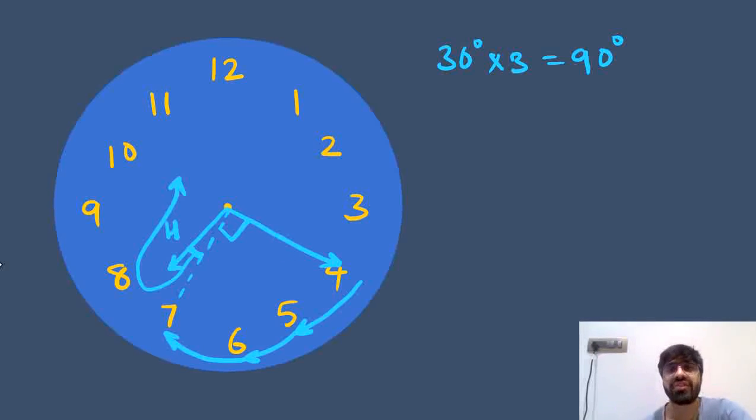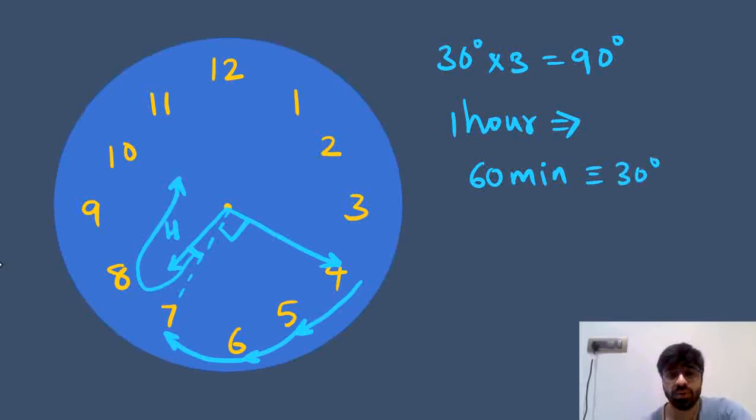Okay, so to identify how much that angle will be, we again go for the same thing, that in 1 hour the hour hand is going to travel an angle of 30 degrees, that is in 60 minutes the hour hand crosses 30 degrees. So this time in 20 minutes the hour hand is going to cover how much of an angle? 60 divided by 3 would give you 20.